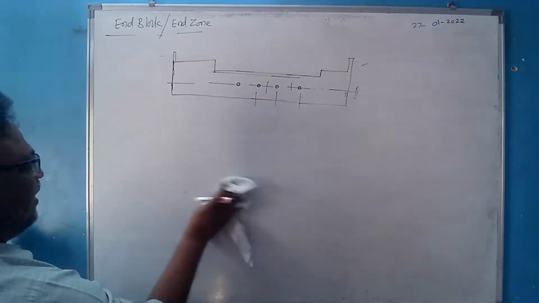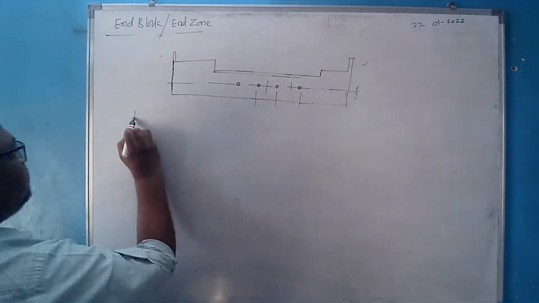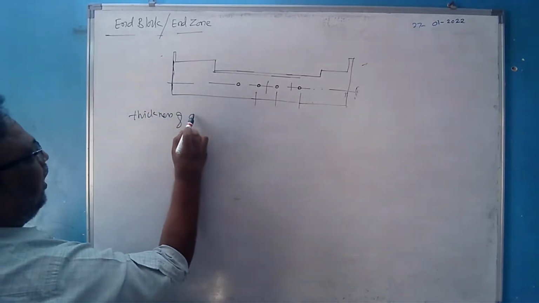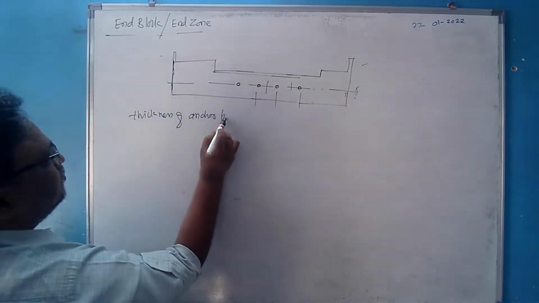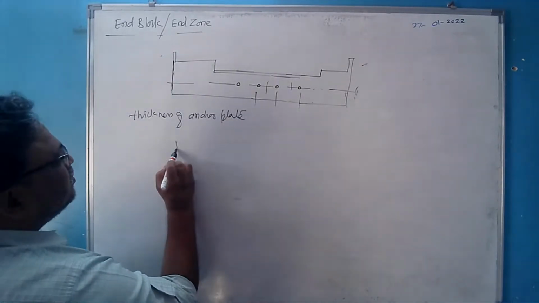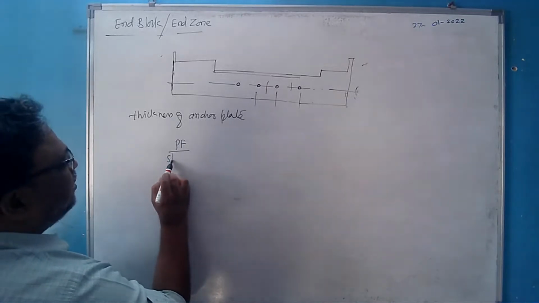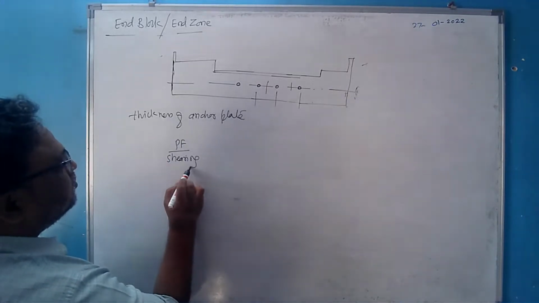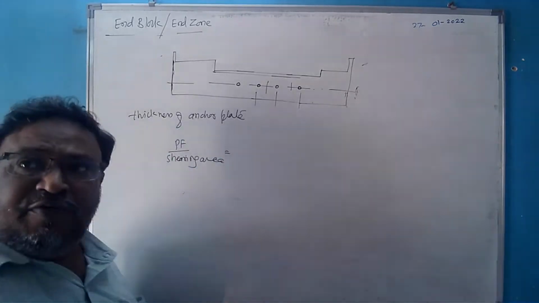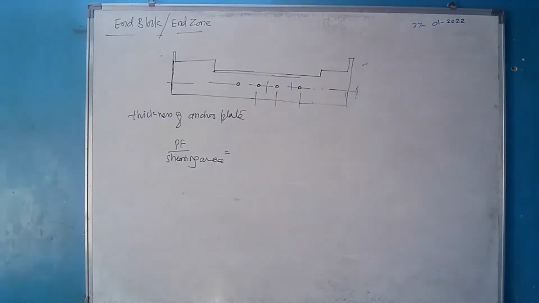How will you determine the thickness of that anchor plate? Thickness of anchor plate is nothing but the pre-stressing force divided by the shearing area.